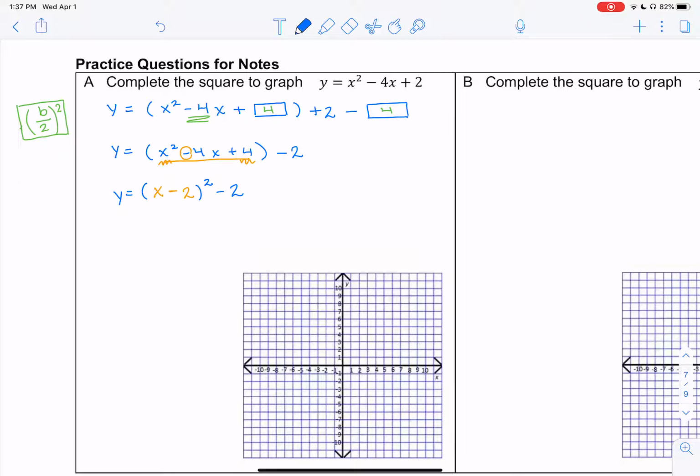Now I'm going to take that information to figure out what my vertex is. And I'm going to label it down here. My vertex as an ordered pair is this number, but it's the opposite, so positive 2. And this number as is, negative 2.